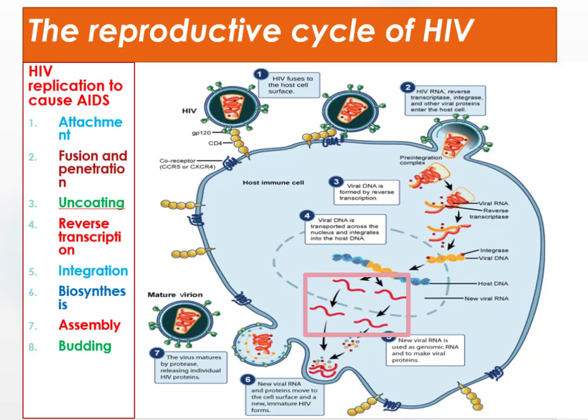Now all the required materials, that is, viral protein and viral RNA, get synthesized, and these materials must be separated or cleaved and assembled into new HIV particles. These new HIV particles approach the inside walls of the host cell membrane.